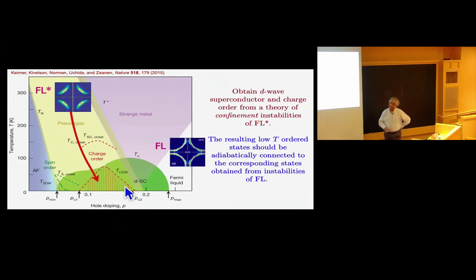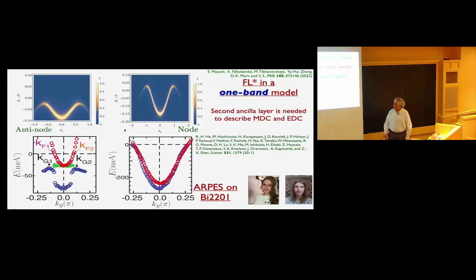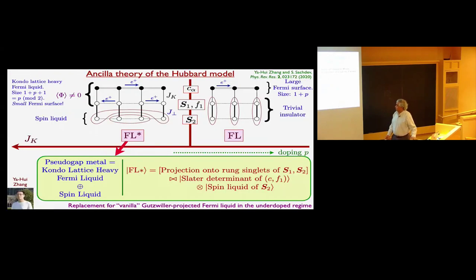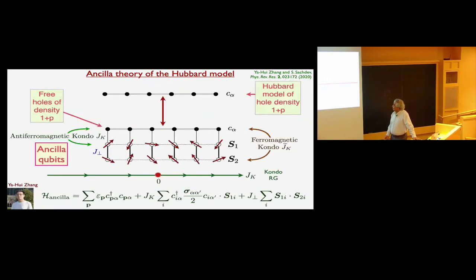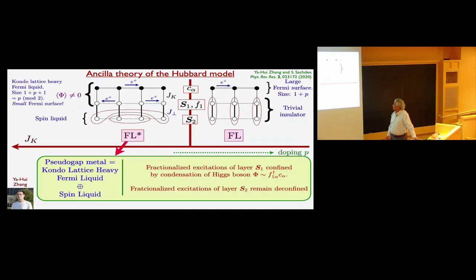Yes? For the Ancilla wave function and the projected wave function, is it already clear that this wave function can be exhausted of any local constraints? No, I have no idea. What I can say is, I view the projection as a gauge fluctuation, and the reason why the projection is mild is the same reason why the Gutzwiller projection for the heavy Fermi liquid is mild: the gauge symmetry is Higgsed.